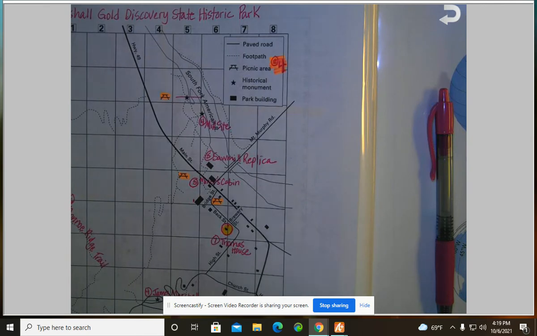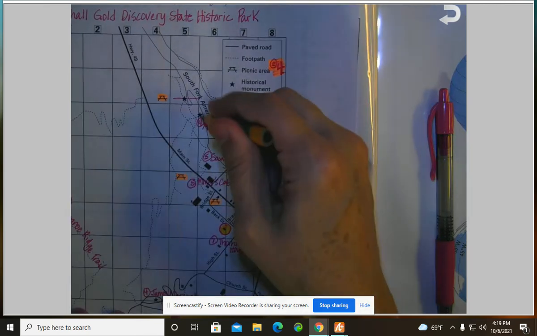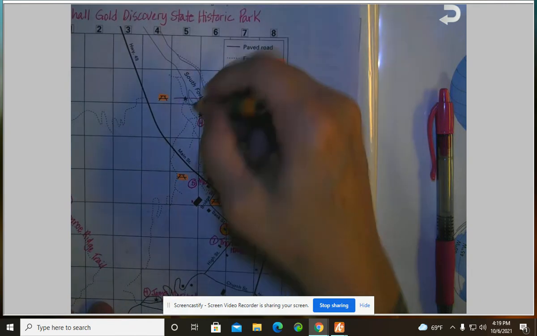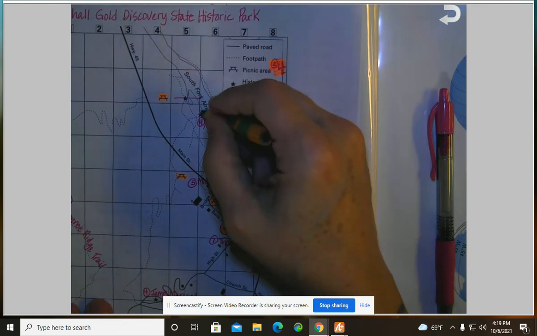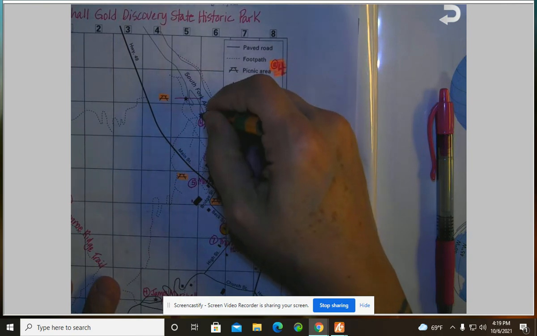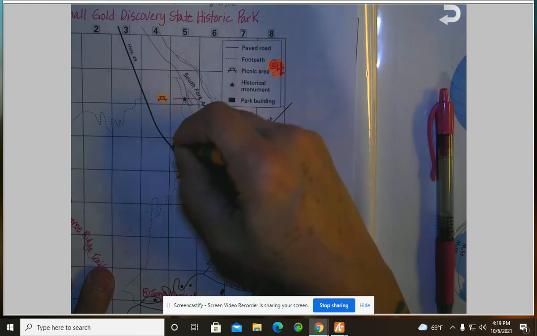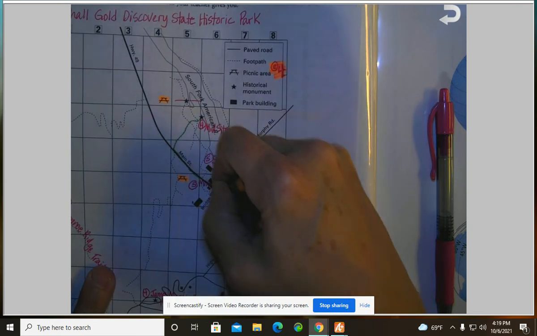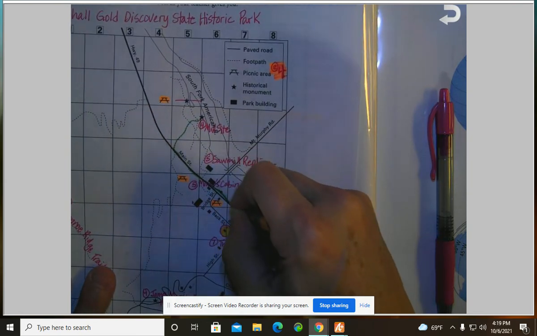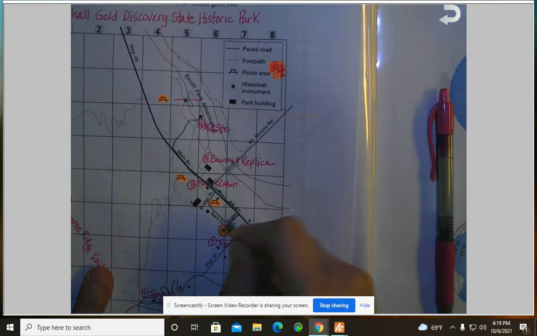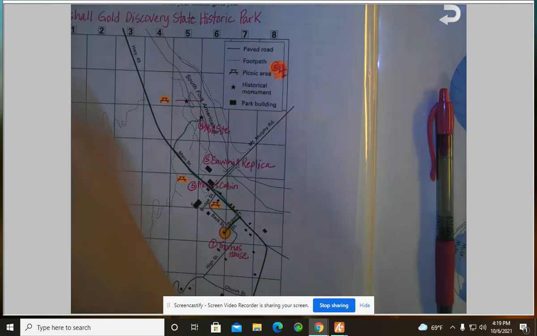Now with the footpath, you can't just go straight down. That's not going to work. So we're going to go here. We're going to take this footpath over to Main Street. Go straight down. Go over to Brewery Street, over to the jail. Okay? So that's one.